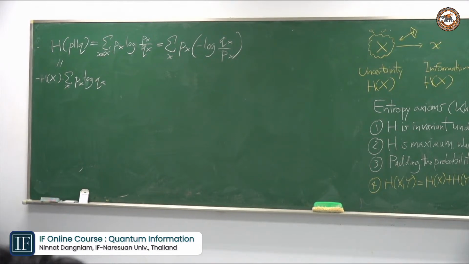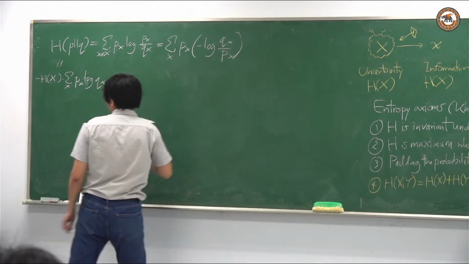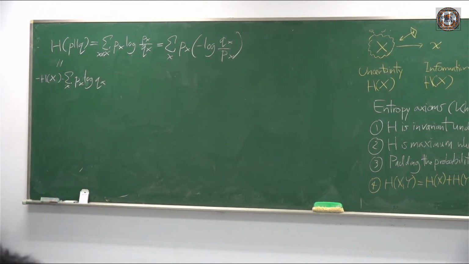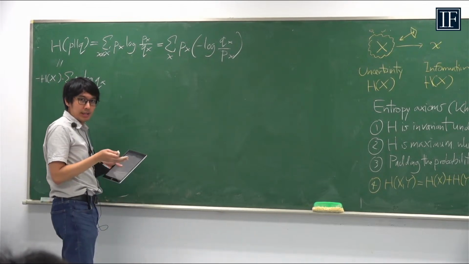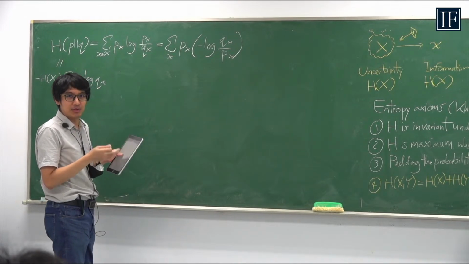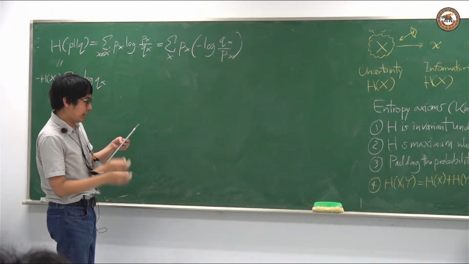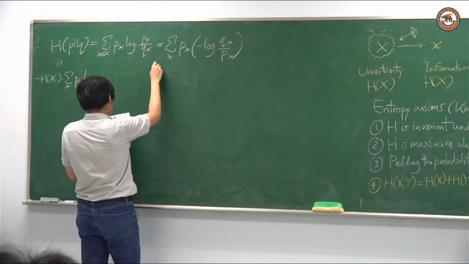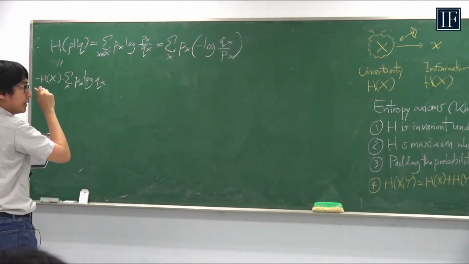So this is an expectation value of this function. Right? So this is one way using Jensen's inequality, but you already have to know that this function is either convex or concave. So let's see. This is the expectation value.